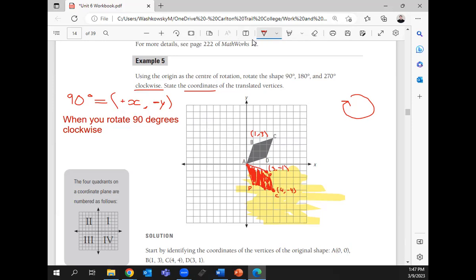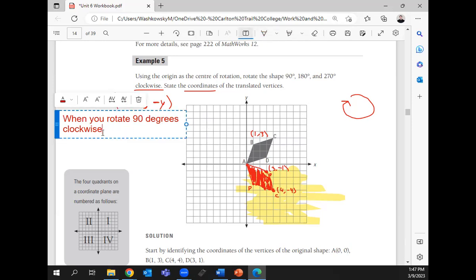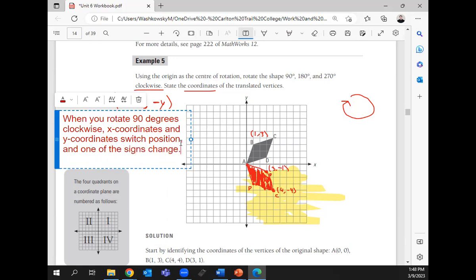If you're unsure though, there is a rule. When you rotate something 90 degrees clockwise, the X coordinates and the Y coordinates switch position, and one of the signs changes.